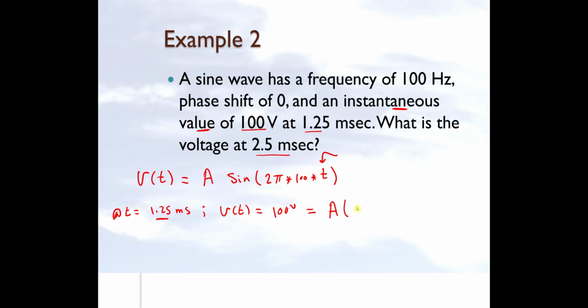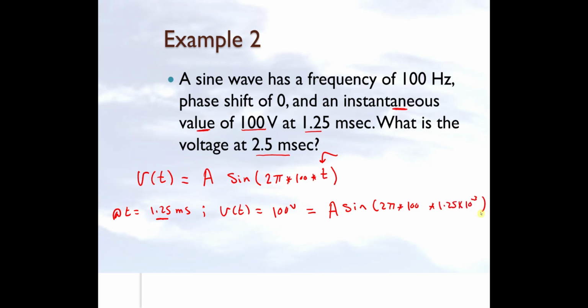So I have A sine of 2 pi times 100 times t, which is now 1.25 times 10 to the minus 3.